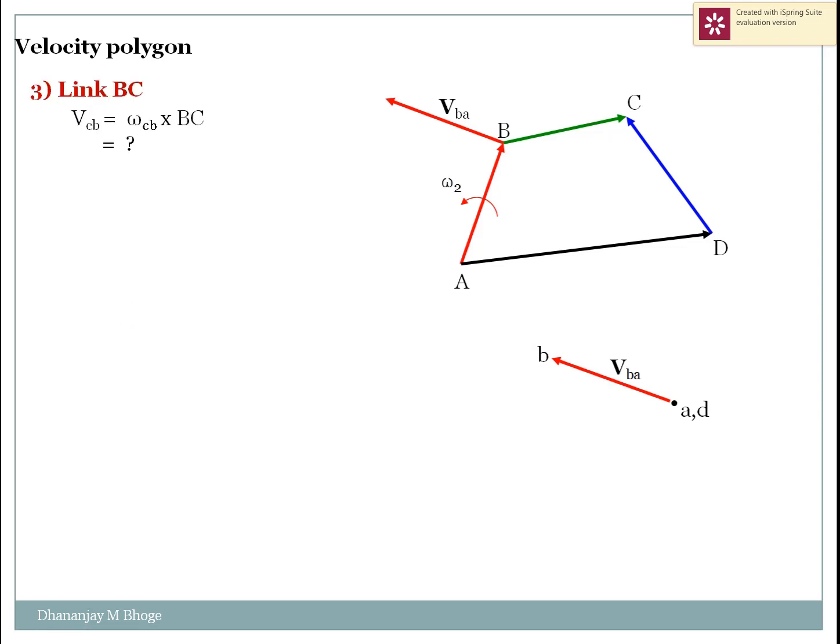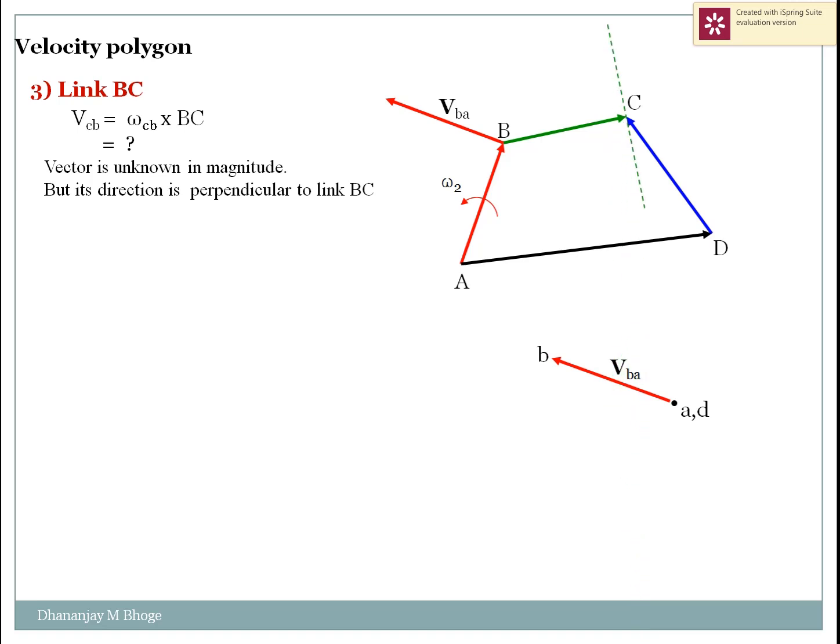Well, next we will take link BC. For BC, let us find out the velocity of C relative to B. That means we are again assuming that C is rotating about B. So its linear tangential velocity VCB is equal to R into omega. R is the radius of rotation BC and the angular velocity of C relative to B is unknown. So we don't know the magnitude of the vector representing VCB, but we know its direction. Its direction is perpendicular to the radius of rotation BC.